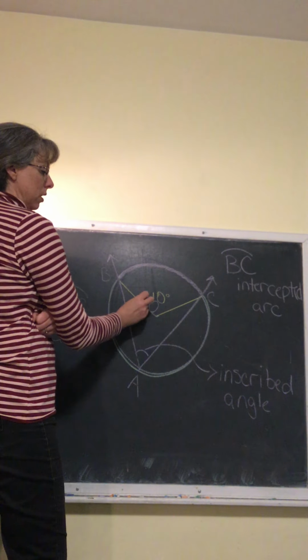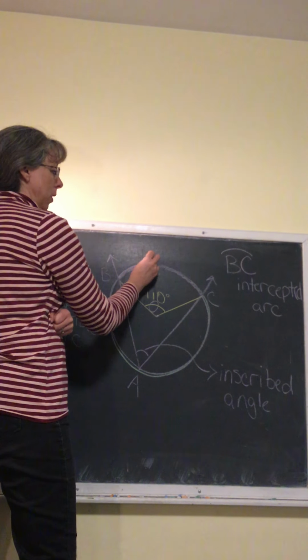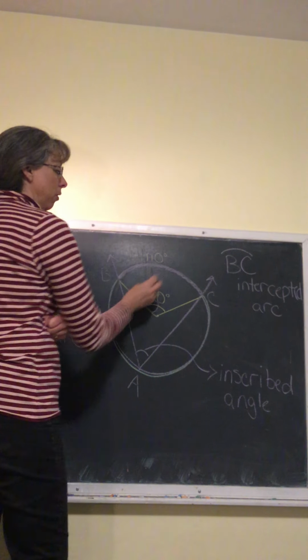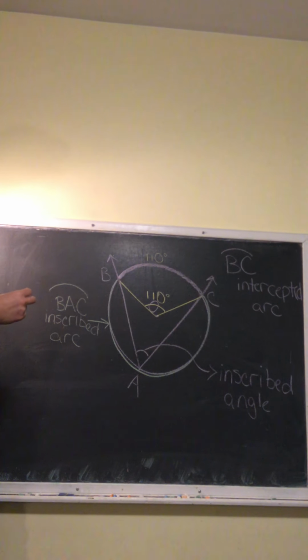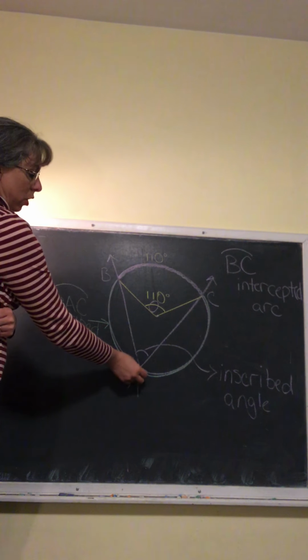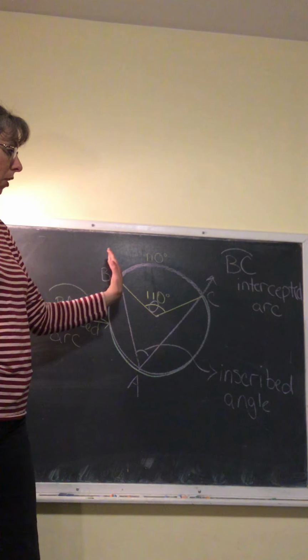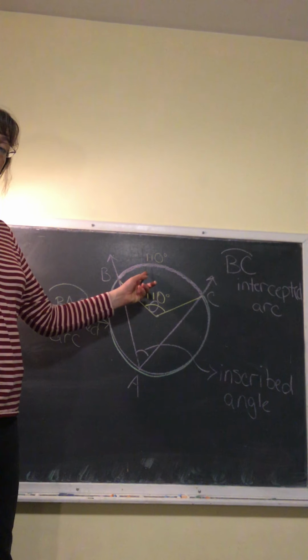If the central angle is 110 degrees, then arc BC would also be 110 degrees. And what our theorem tells us is that the inscribed angle is half the measure of its intercepted arc. So what's half of 110?